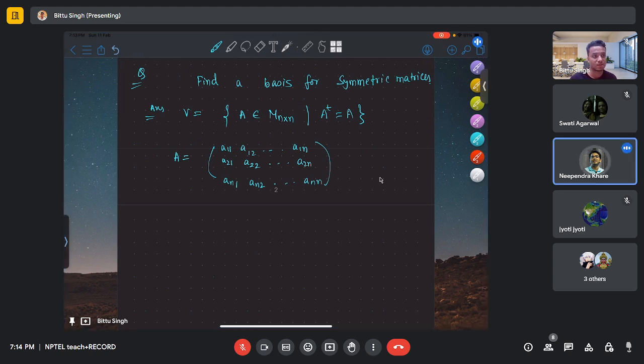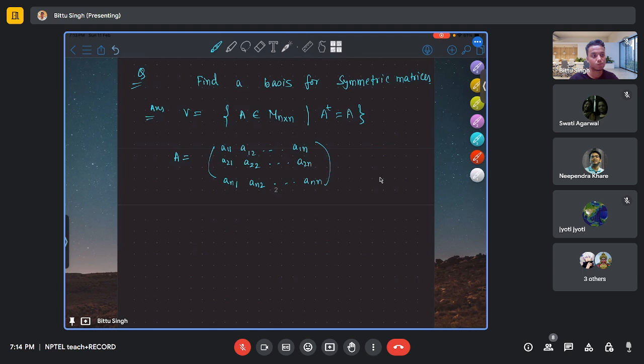But here the space contains only symmetric matrices. Therefore, A21 is the same as A12, and similarly An1 you can write as A1n, and An2 is the same as A2n. It is symmetric.